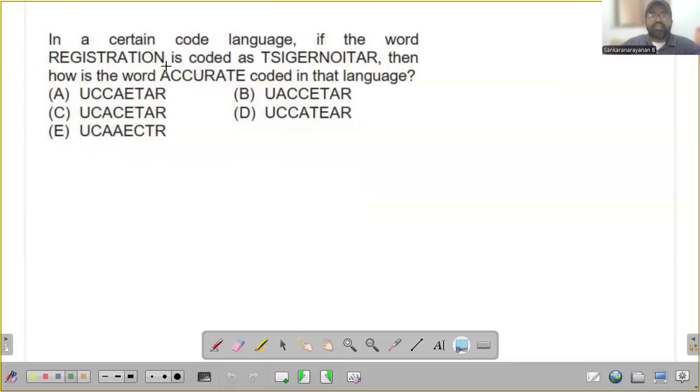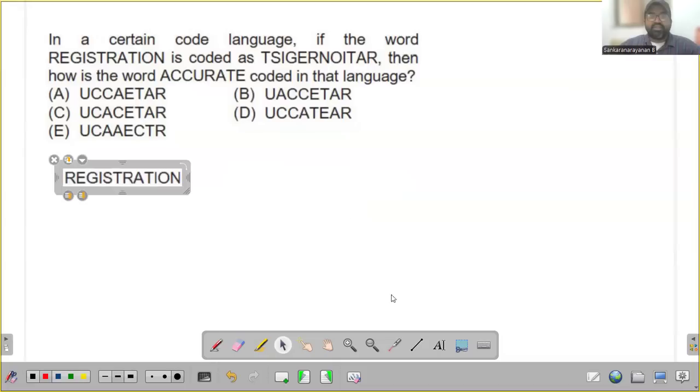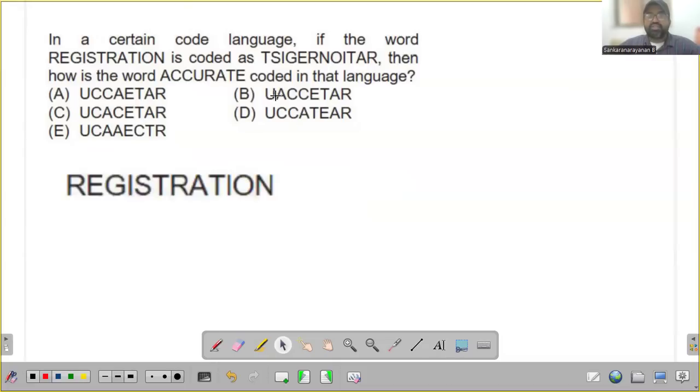Consider this word registration that is given here. It is given that this word is coded in this manner, like what you see here. So I am presenting the trigger in front of you. Just a second.